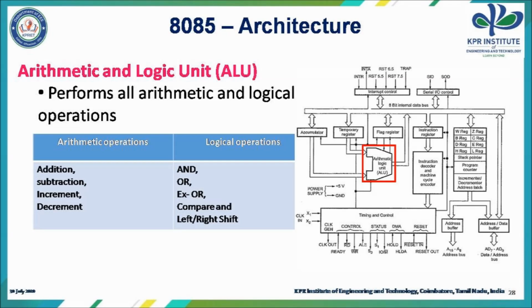In 8085 microprocessor, there is no specific multiplication and division operation, but the multiplication is done by repeated addition and the division is done by repeated subtraction.